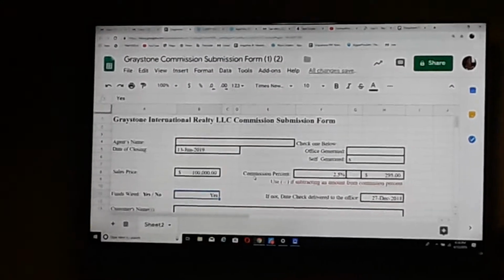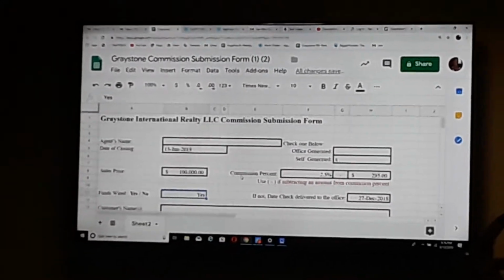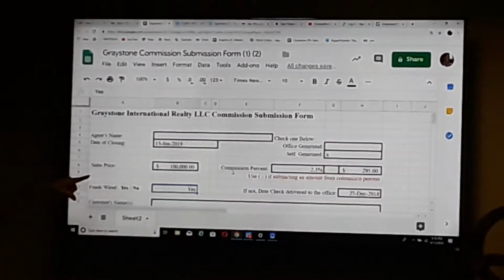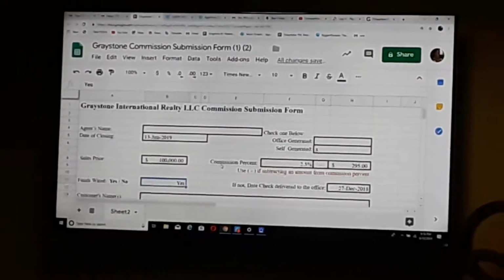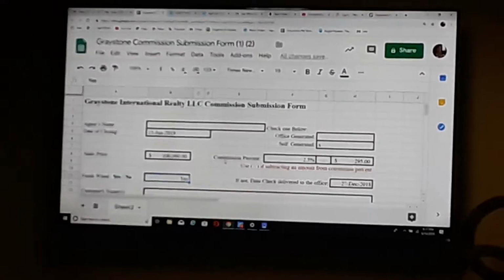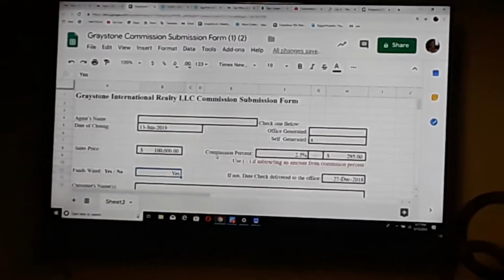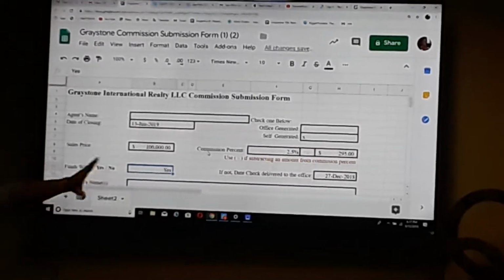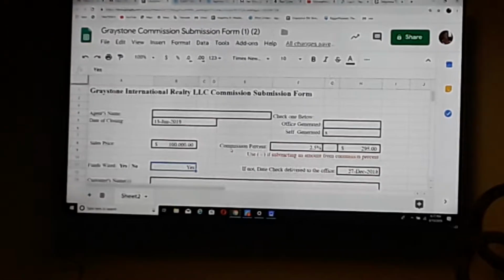It says commission percent minus or plus, so if it's plus, 295 and 395, both figures in there or no? It's gonna be plus when you're representing the seller. Correct, you're only gonna put the MLS fee there, and then down here, you're gonna put the transaction fee. Ah, there's another one, okay.